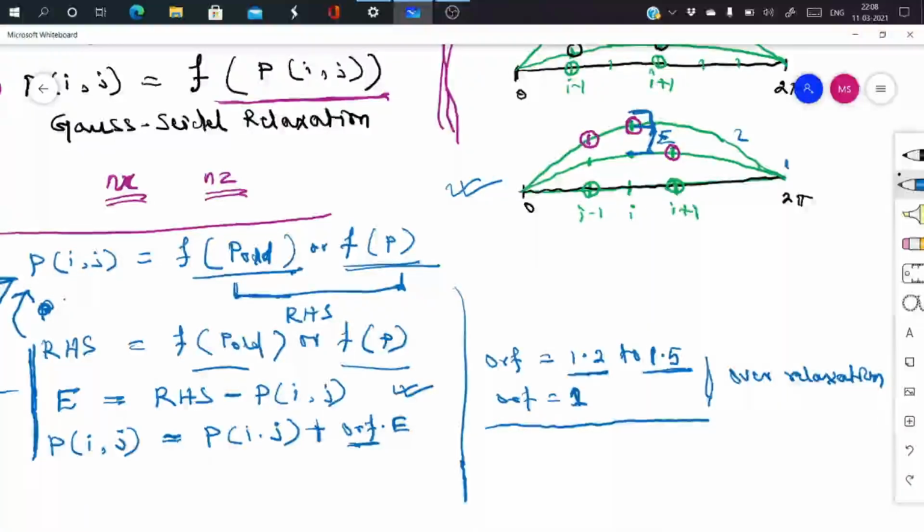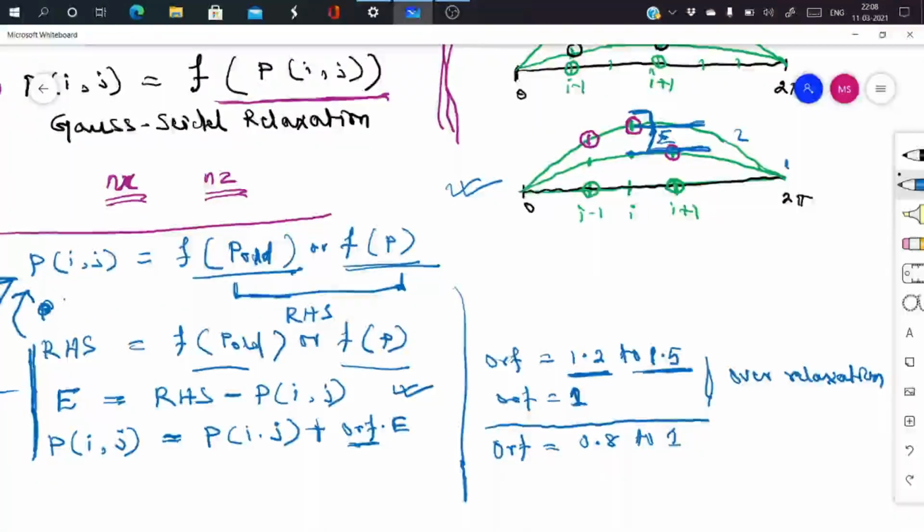So there you should not increase this delta P or error or ORF at all, because when you increase it, you are adding more and more instability to the solution process. For highly unstable solutions, you can even reduce this ORF to like 0.85, 0.8, to less than 1.